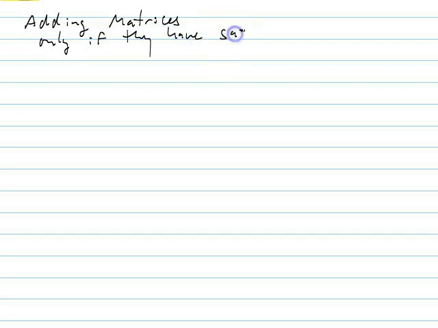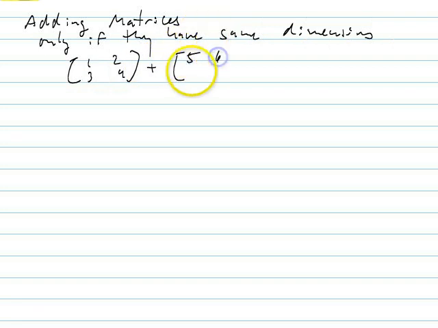Next thing I want to show you is that just like you can add two numbers together, you can add two matrices together, only if they have the same dimensions. So for instance, the 2 by 2 matrix 1, 2, 3, 4 can only be added to another 2 by 2 matrix, for instance 5, 6, 7, 8.